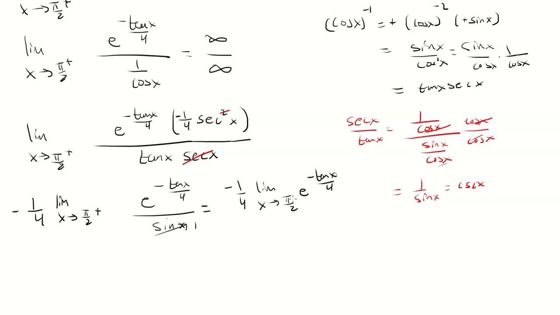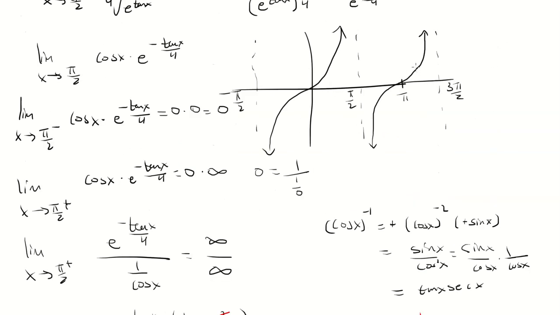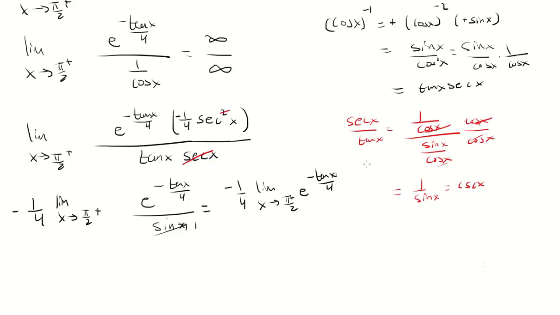And then here we're approaching pi over 2 from the right, so let's see what happens. As we're approaching pi over 2 from the right, tangent is going down to negative infinity. So we have negative 1/4, and then tangent over 4 goes to negative infinity, but then you have a negative multiplying that, so that should go to positive infinity.